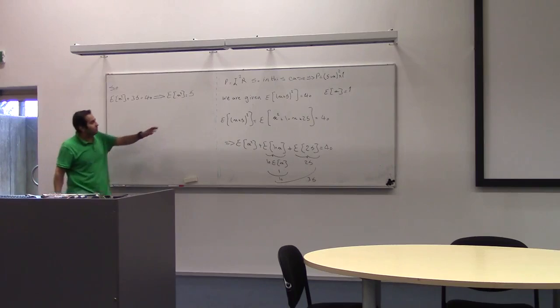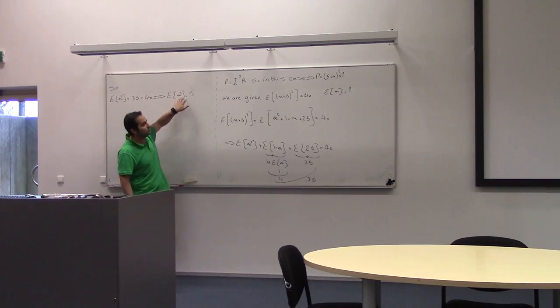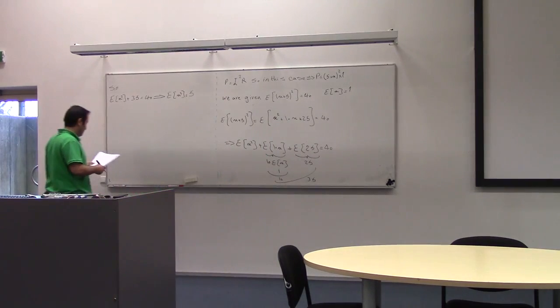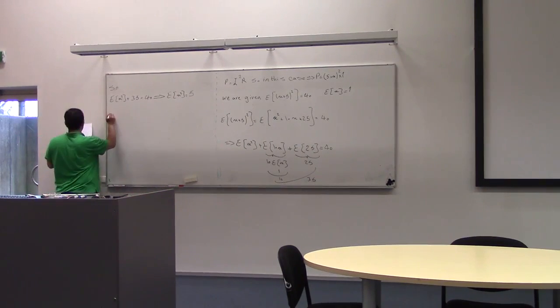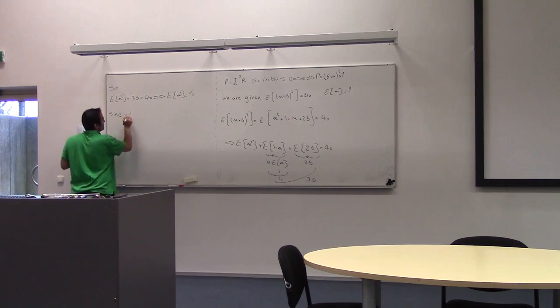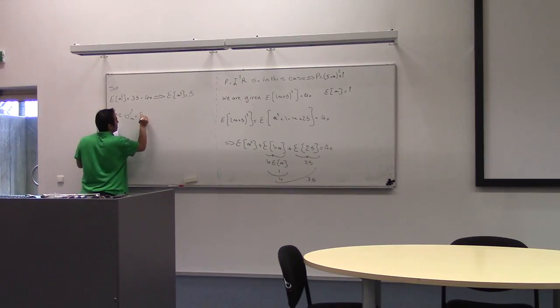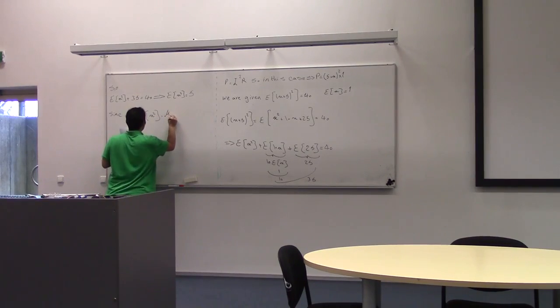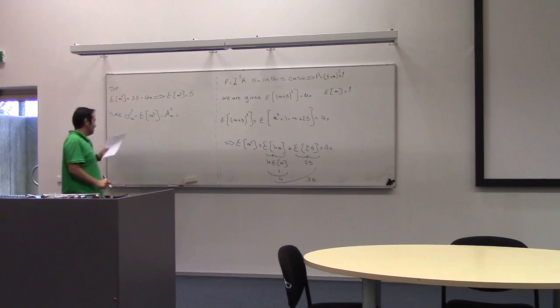And now we know the expected value of the x power 2 and the expected value of the x, both of them. Since the variance of x is equal to the expected value of the x power 2 minus mu x power 2.